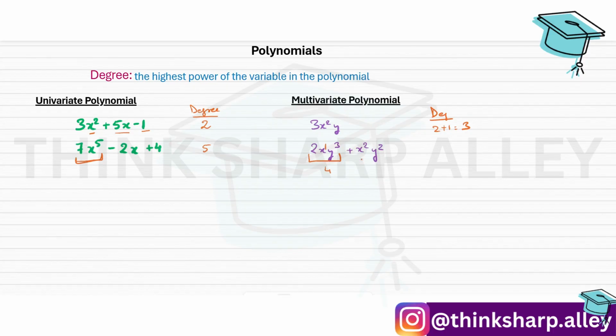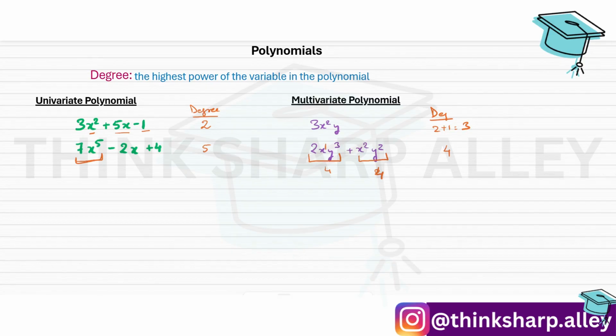So 3 plus 1, 4. And in this case, it's again 2 plus 2, 4. So since the degree is same, over here, degree of this polynomial is 4. In case one would have been a little different, the highest degree would become the degree of the polynomial. But as per class 10 syllabus, we mainly deal with univariate polynomials.